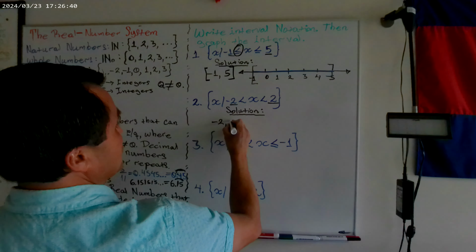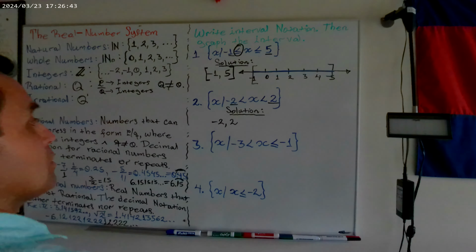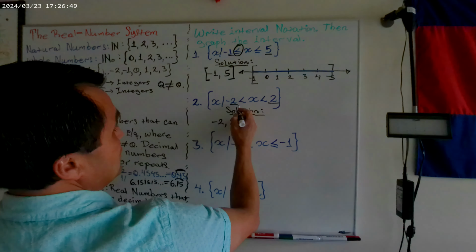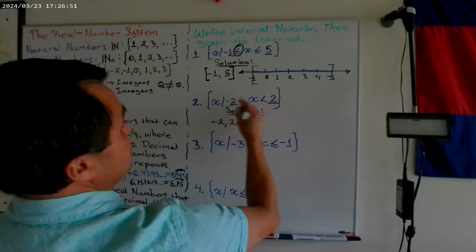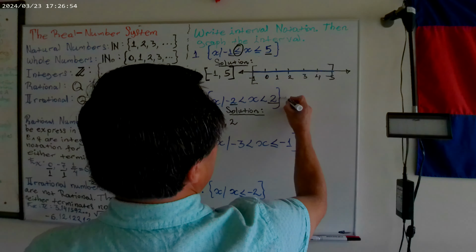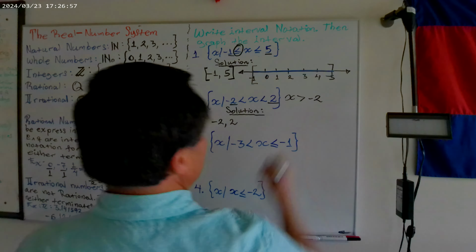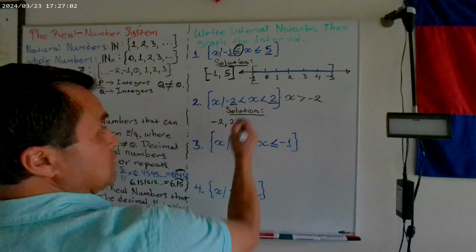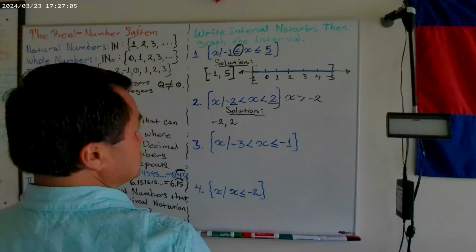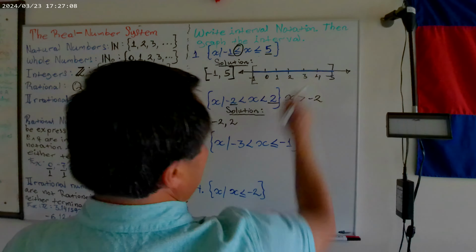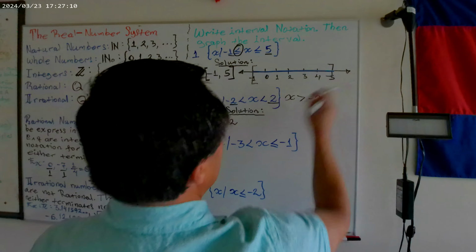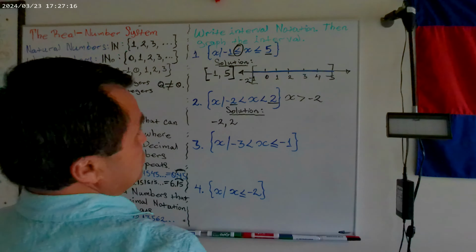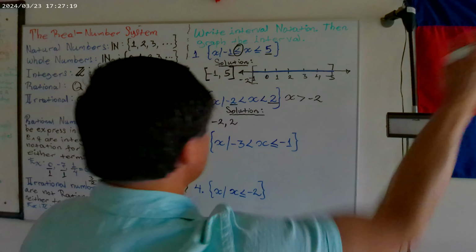On the right side we have 2. In this case, minus 2 is less than x. Let's pay attention: if minus 2 is less than x, that means x is greater than minus 2. So all the numbers between minus 2 and 2 are greater than minus 2, which means on the graph they are on the right-hand side of minus 2.